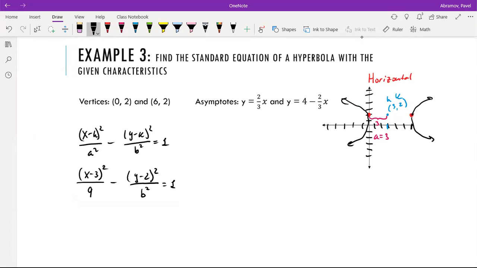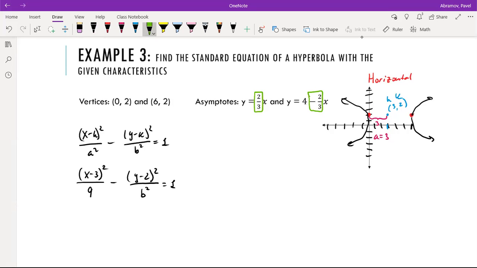Now, we're given the asymptotes, and we could graph those asymptotes, but that will be really messy and actually unnecessary, because what we have here is the slope. We know that the slope here is 2/3 or negative 2/3, whichever one you prefer. It's of course easier to deal with the positive slope.